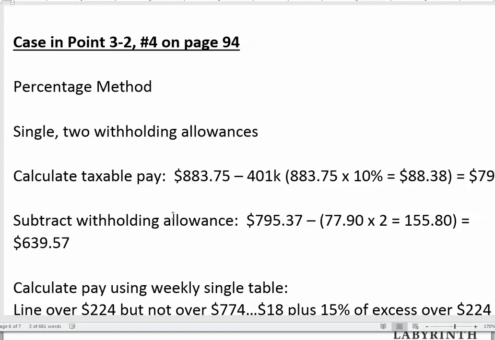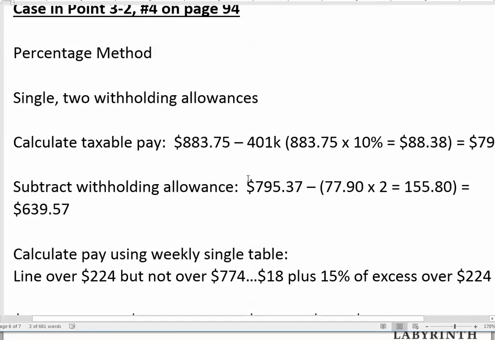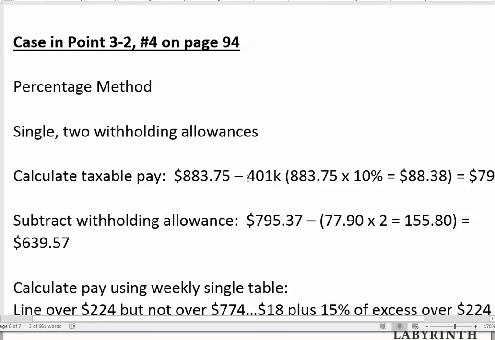The wage bracket method, let's see, he also has gross pay of $725, and he has a flexible spending account contribution of 6%. And I wrote in here 401k. This is not the right thing here. Number 2, number 4. Okay, one of these days I'll get this right. It's Angela Dorsett. You could go through that example. I'm using the wage bracket method, but I wanted to use the percentage method here.